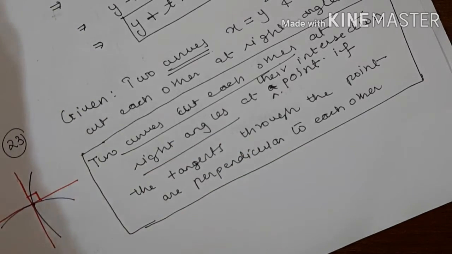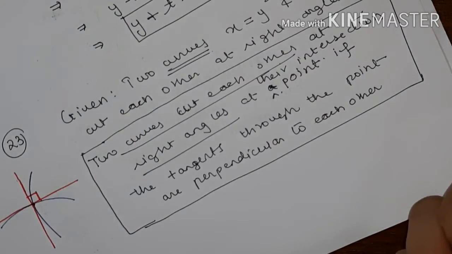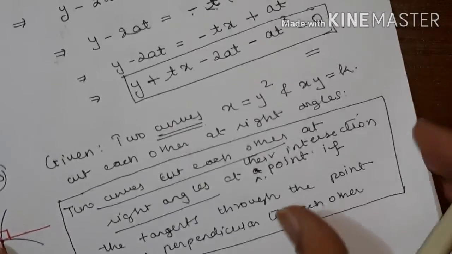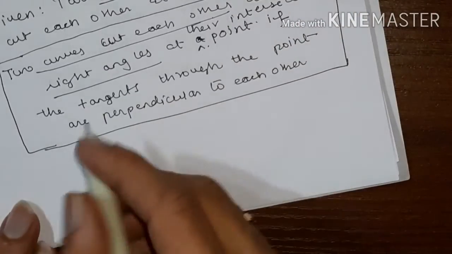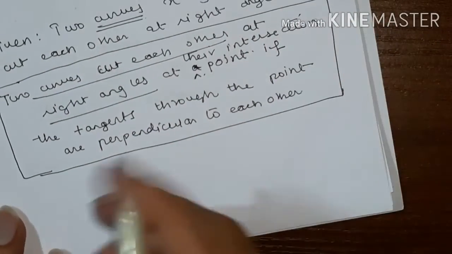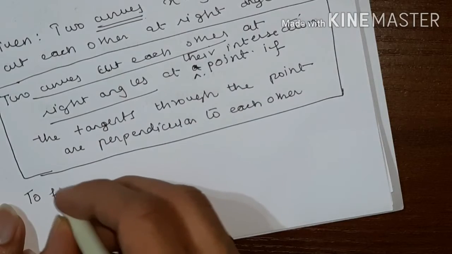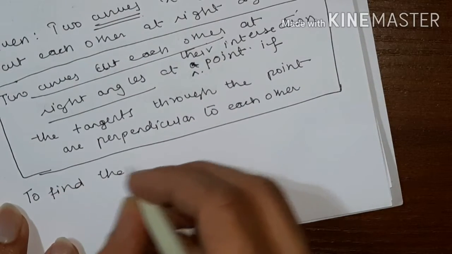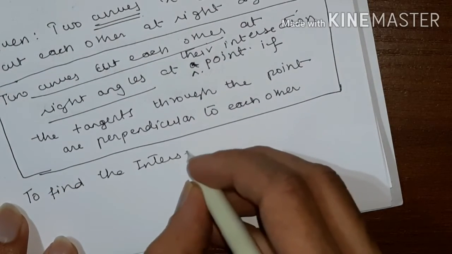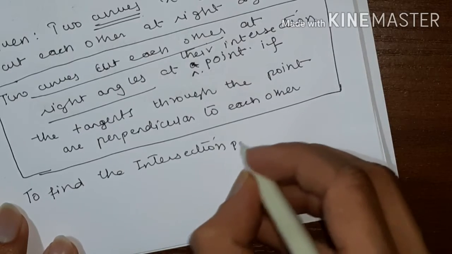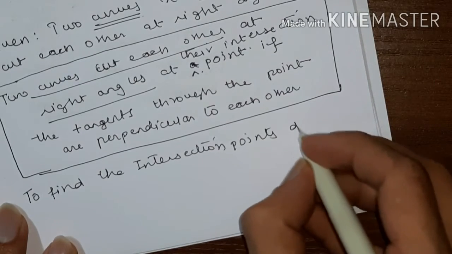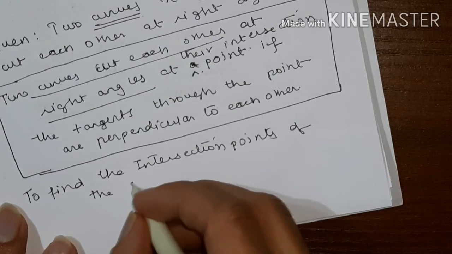So if we now find the intersection points, let us see what we get. What we have to do is to find the intersection points of the two curves.